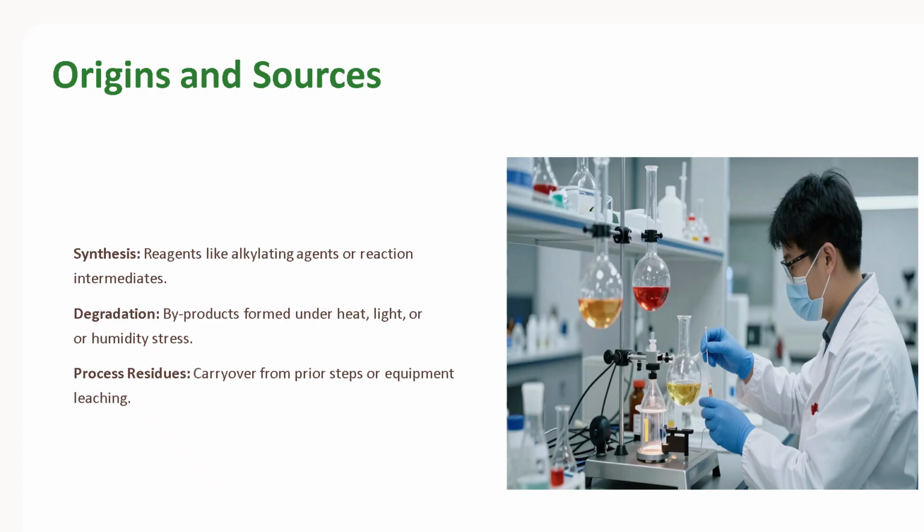Exposure to heat, light, or humidity during storage can sometimes break down drug molecules and produce reactive byproducts. Finally, impurities may also originate from process residues, such as leftover materials from earlier manufacturing steps, or even trace contaminants from equipment surfaces. Because of these possibilities, pharmaceutical scientists must carefully examine the entire manufacturing process, not just the final product.